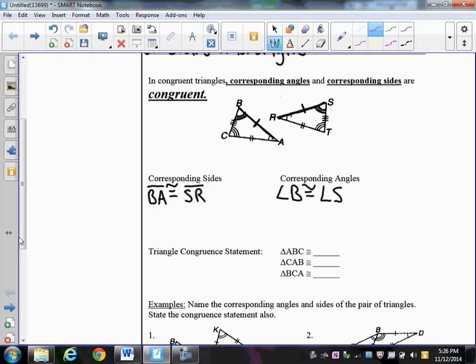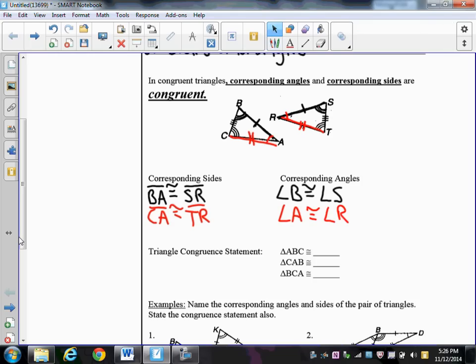The same thing with everything with 2 segment marks. I would say segment CA is congruent to segment TR. So I have 1 angle mark on A and 1 angle mark on R. So let's say angle A is congruent to angle R. And lastly, I have 3 tick marks on CB.